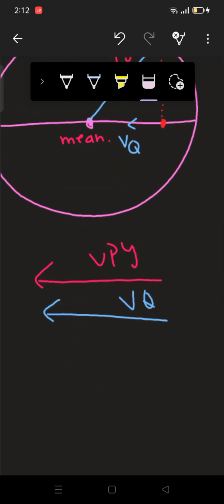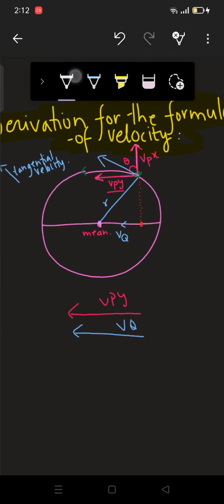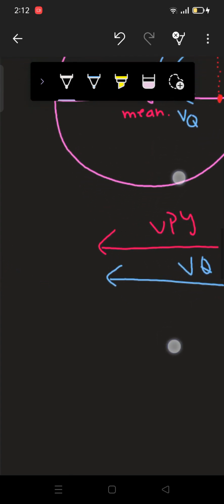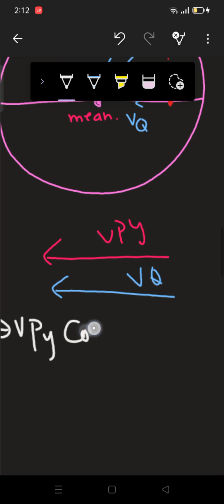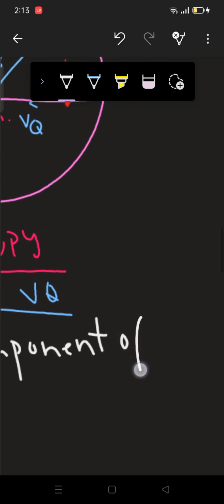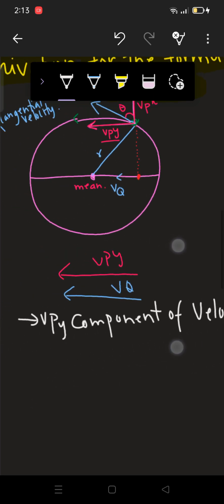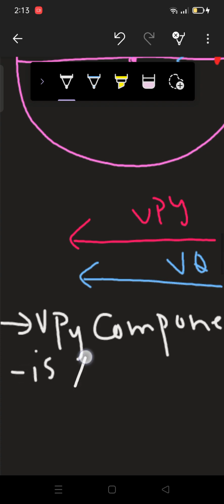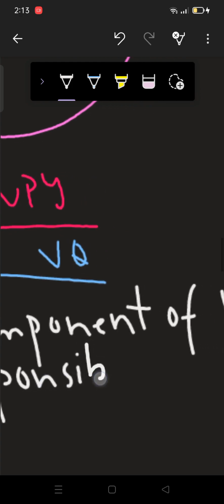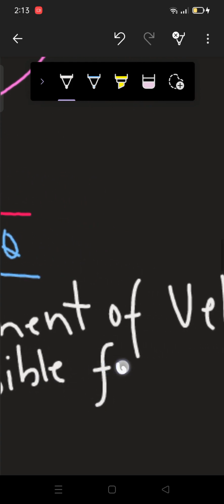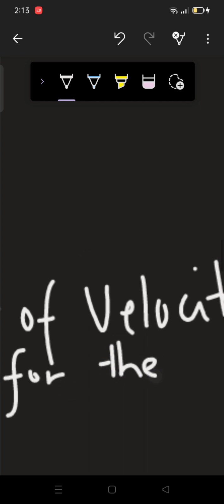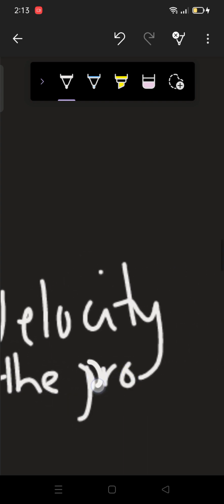So let me write this here. The vpy component of velocity is responsible for the shadow's velocity, or for the projection's velocity, right?